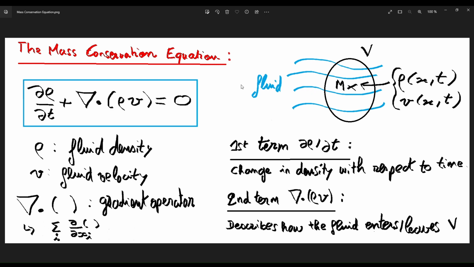It consists of two essential components: the rate of change of mass within the controlled volume and the net mass flow rate across its boundaries.